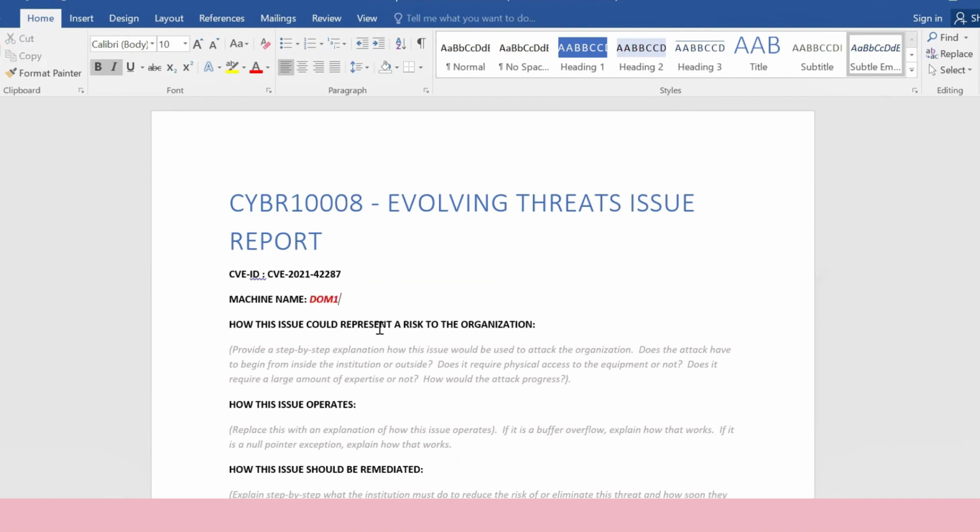Then how this issue could represent a risk to the organization. Because we are giving a report, and we've already said to provide a step-by-step explanation of how this issue would be used to attack the organization.